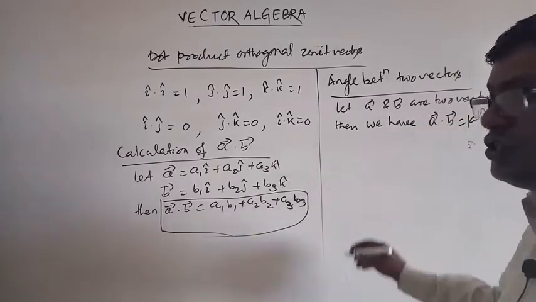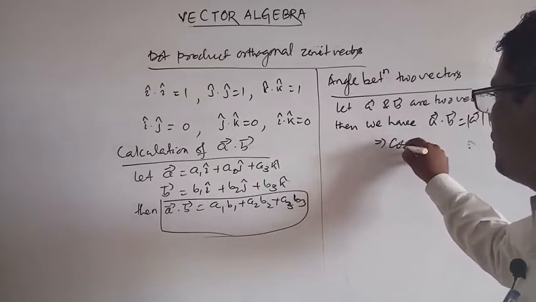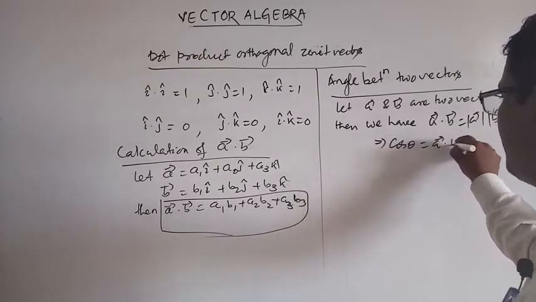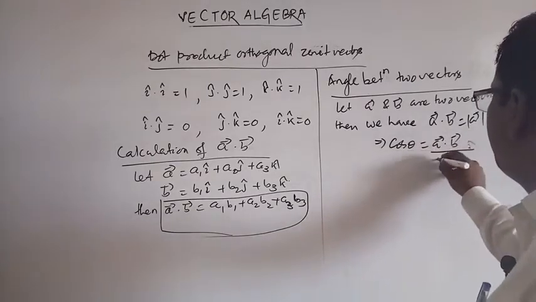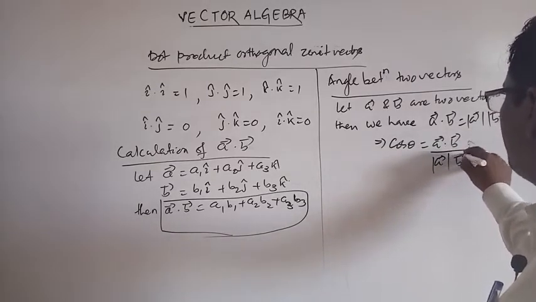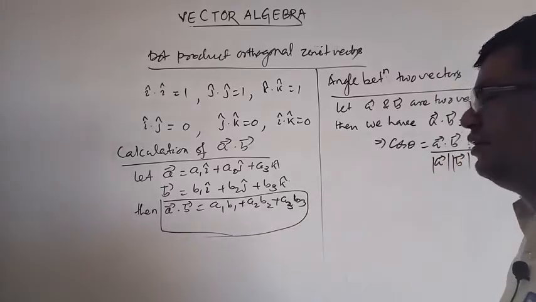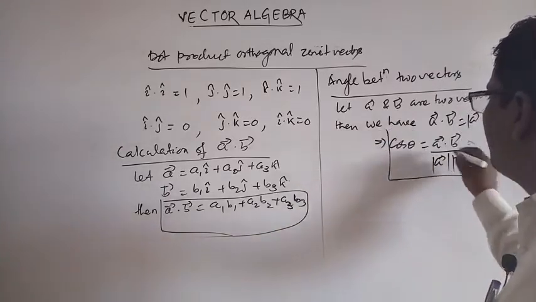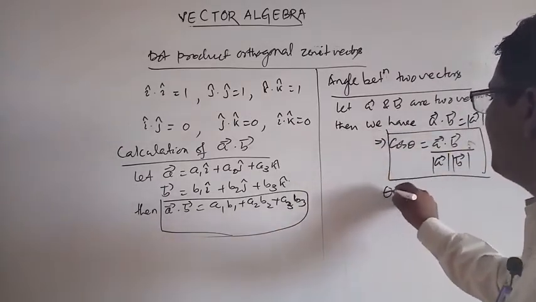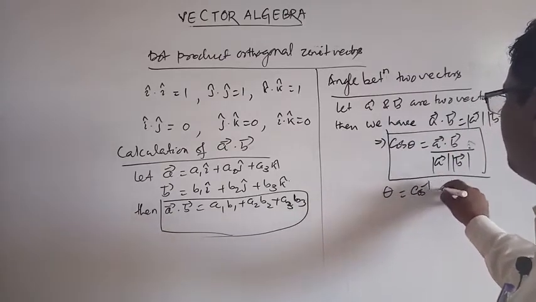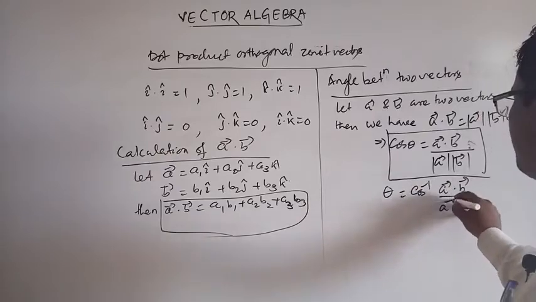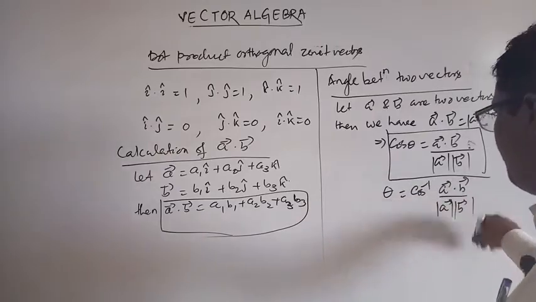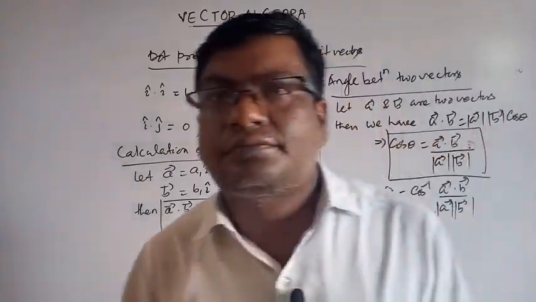That implies cos theta is equal to A dot B divided by magnitude A into magnitude of B. This is the formula to find the angle. So theta is equal to cos inverse of A dot B divided by magnitude of A into magnitude of B.